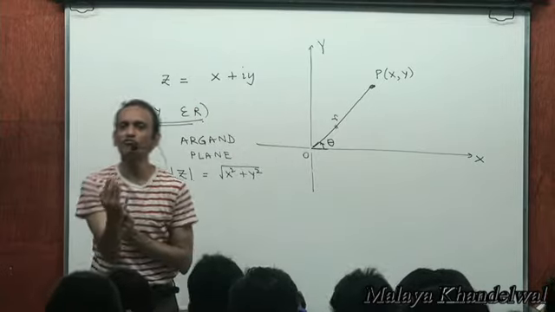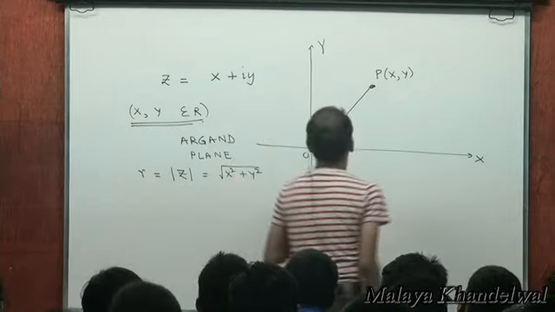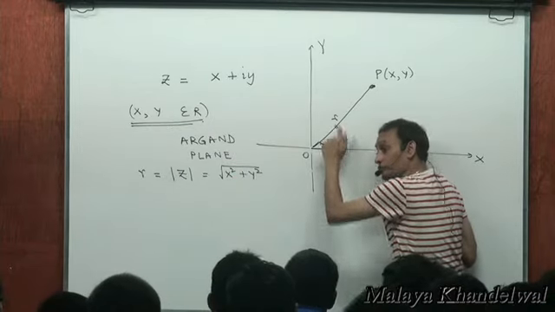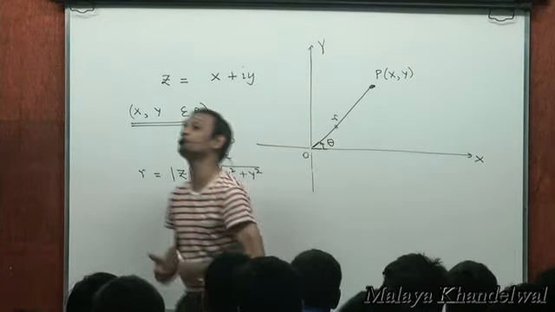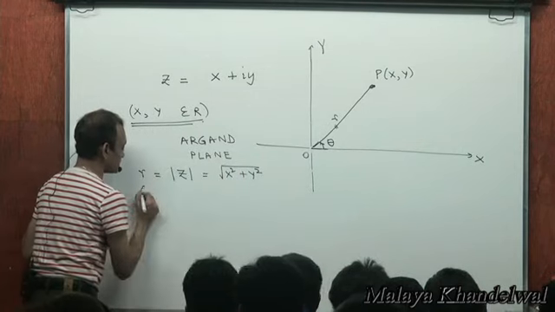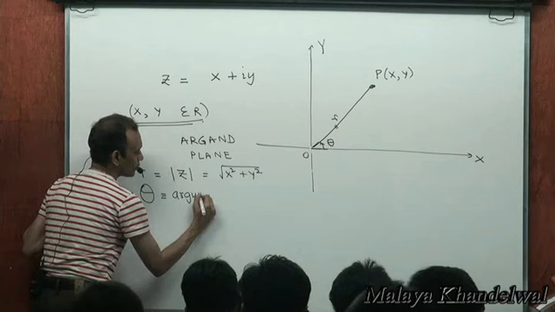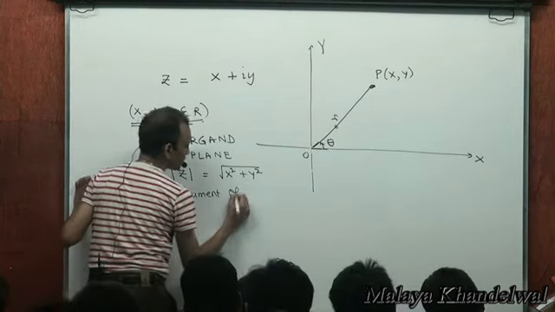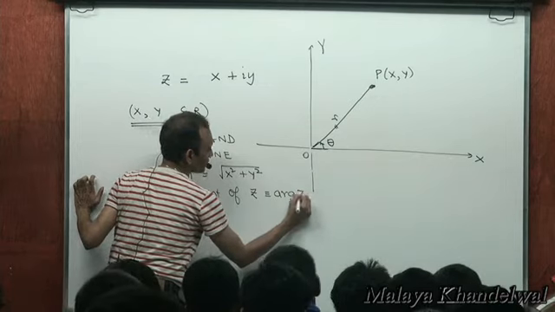So a combination of r and theta would uniquely locate P. While this r is referred to as the modulus of the complex number z, this theta is referred to as the argument of the complex number z. Argument of z, or arg z.